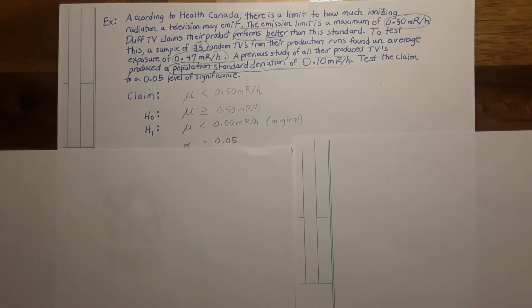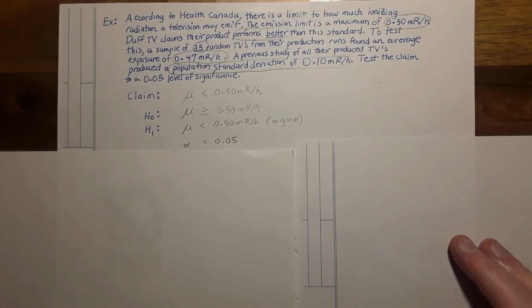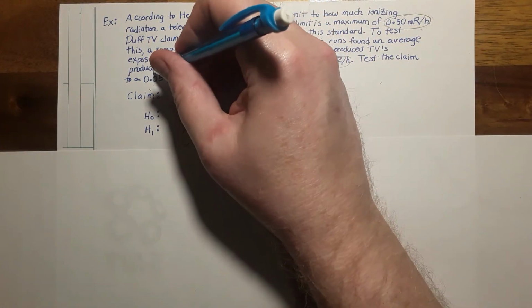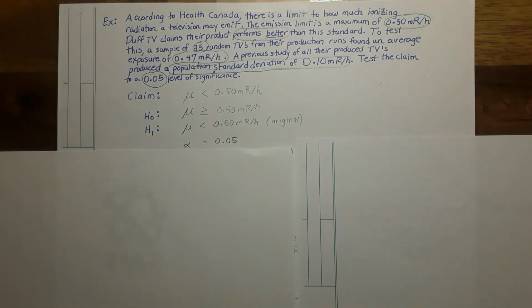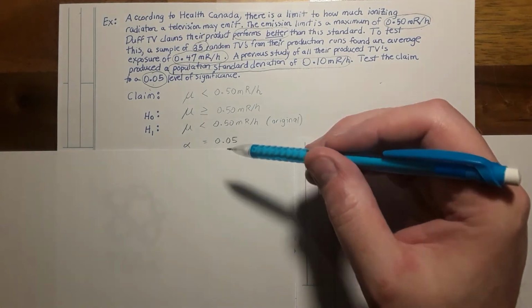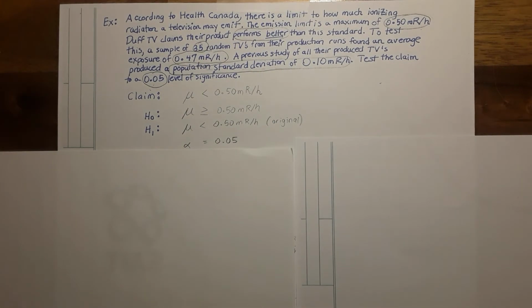In order to do every hypothesis test, we have to operate with the significance level that we are given. And in this question, we were told to test the claim at a 5% level of significance. So that means alpha is 0.05.